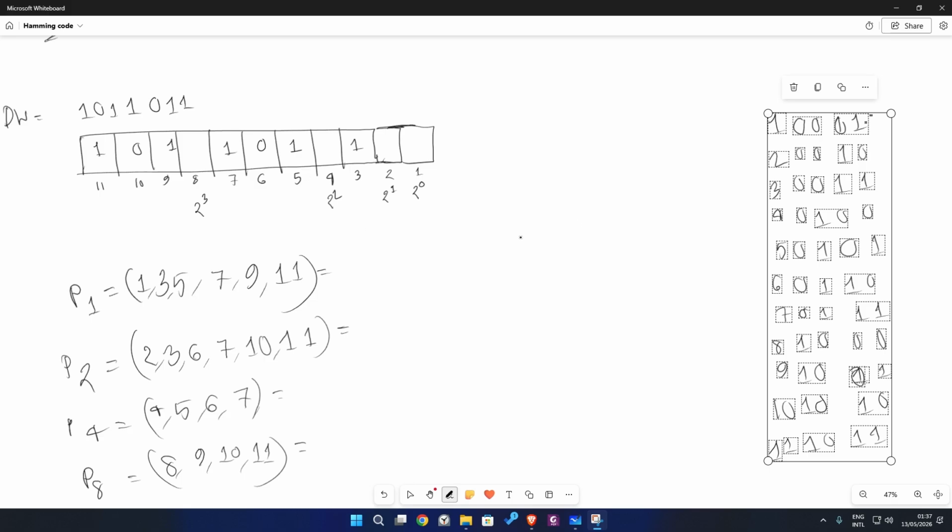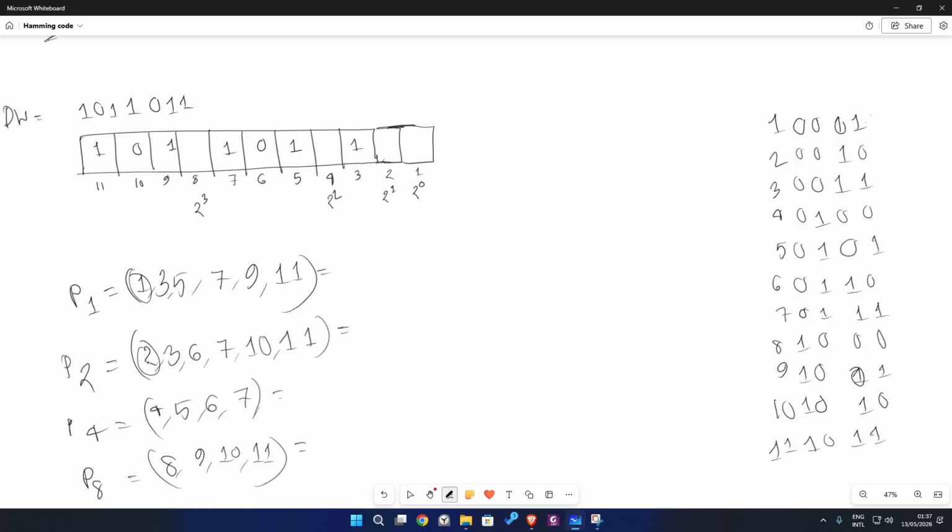Now we'll do some magic. So in the 1st position, 3rd position, 5th position, 7th, 9th, and 11th. In the 1 position we are seeing the P1, so we will determine the P1. That's why we are marking the 1, and we will mark the 2, 4, and 8, because in those positions we will get the parity bits.